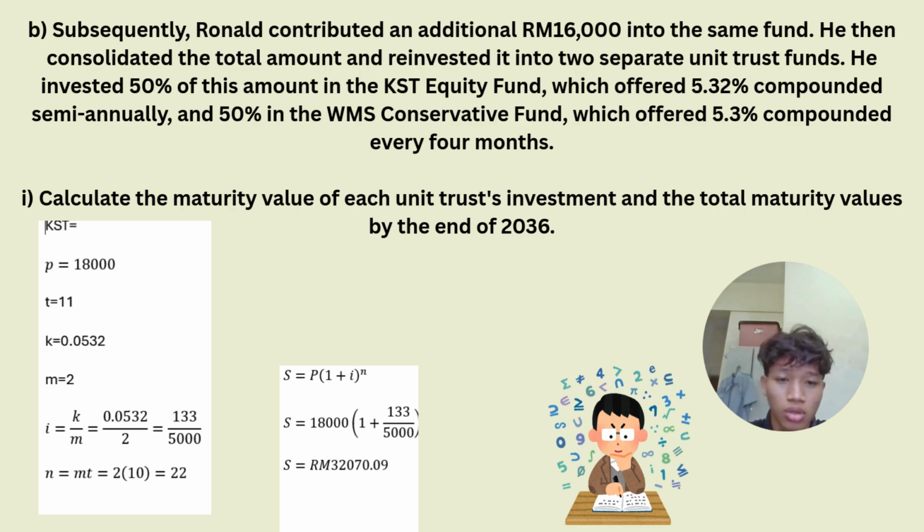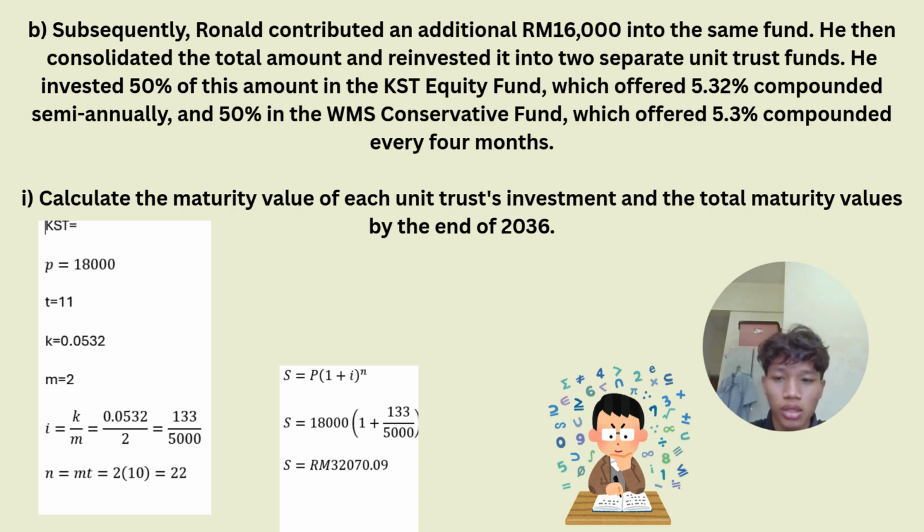So we do the KST first. The real initial investment is 16,000 plus 20,000, and we multiply by 50%, so we get 18,000. So 18,000 is the P. The T is 11 because he started investing in 2025 to 2036, so equal to 11 years. K equals 0.0532 and M equals 2 because it is compounded semi-annually.